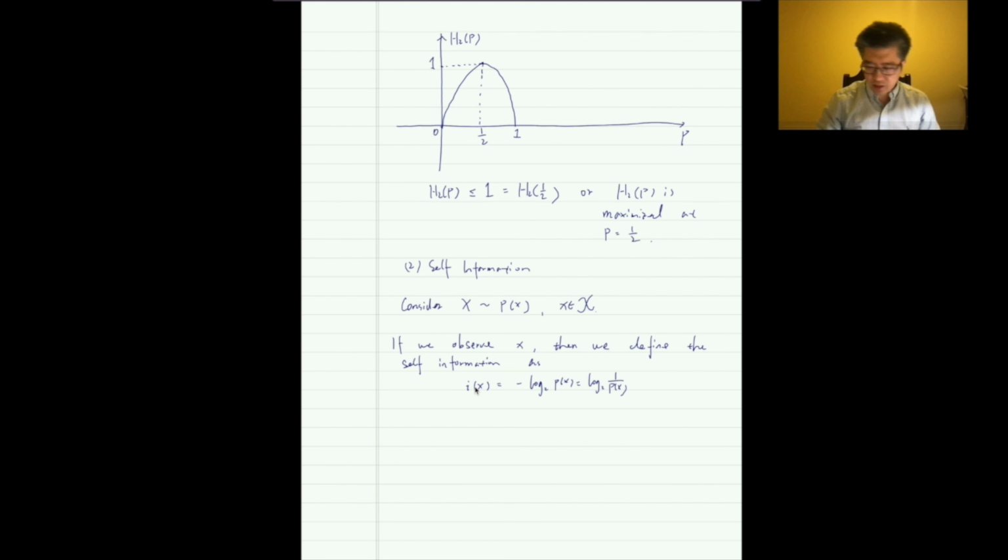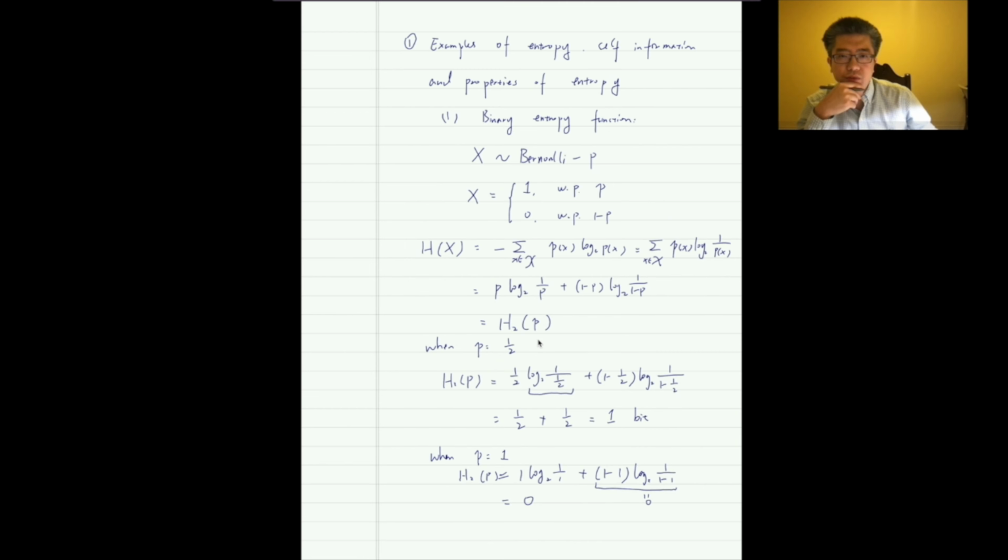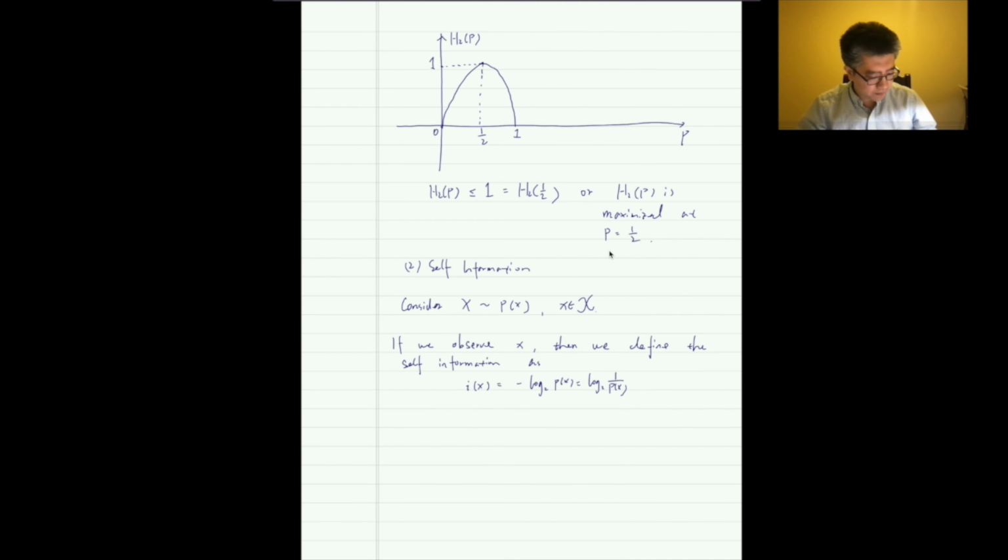Now let's see what the meaning of it is. You can see this is like one term of the definition of entropy. Let's recall that the definition of entropy is something like that, but now we ignore the rest and just take one term out. So intuitively this is a measure of the uncertainty of one outcome, which is x.